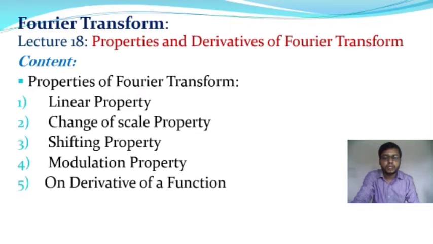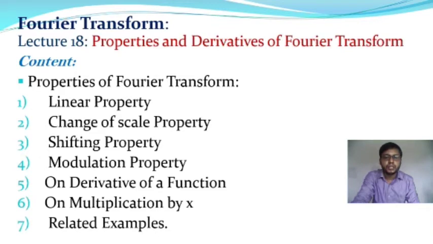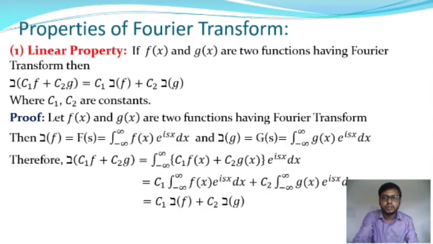And after that we will continue with the derivative of a function on Fourier transformation, and multiplication by x on Fourier transformation, and some related examples. So first we will begin with the first property, the linear property.